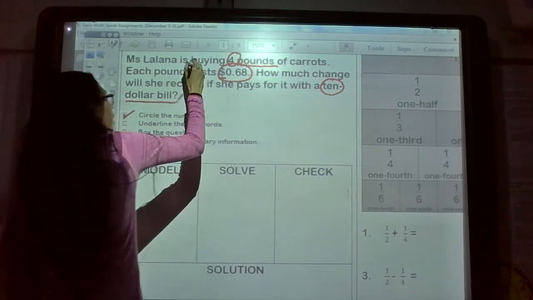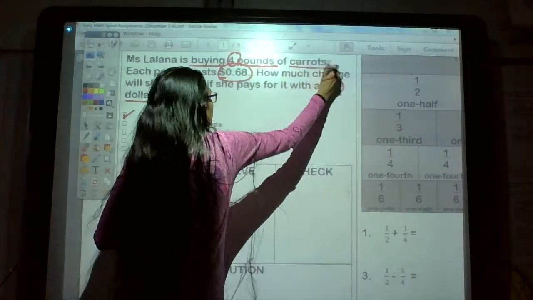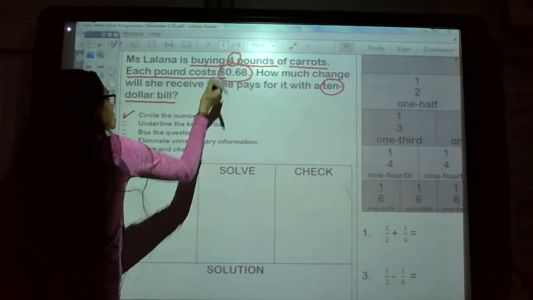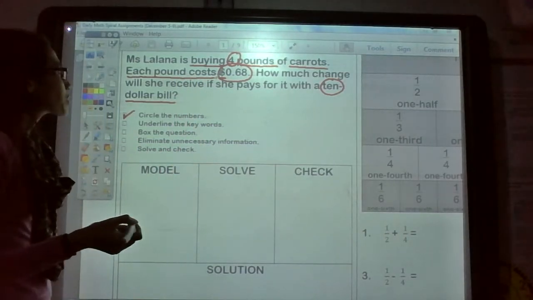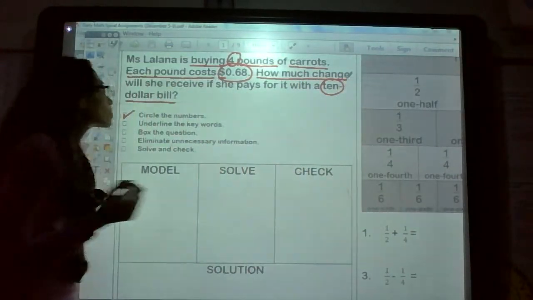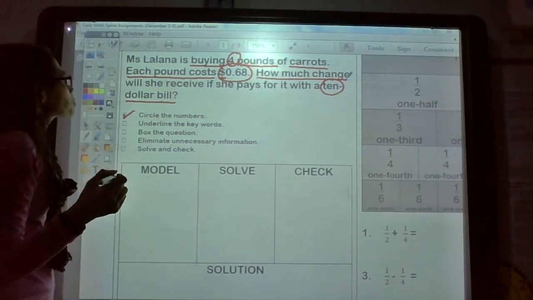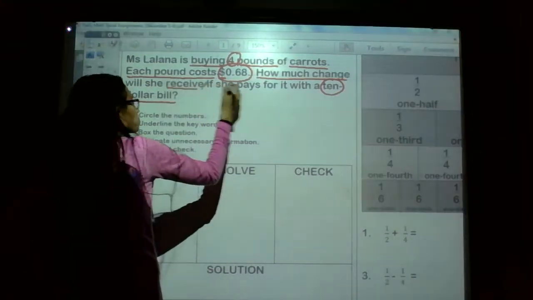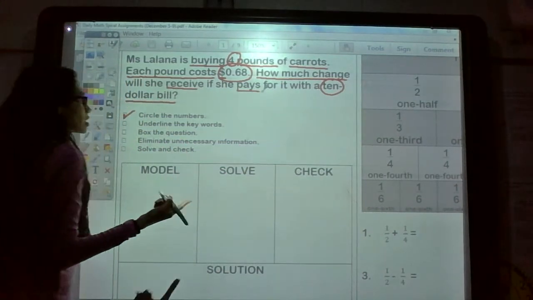We underline buying, and then the carrots, and then we underline each pound costs, and then we can underline how much change. You can underline receive, and you can underline pay. I think that's it, okay?